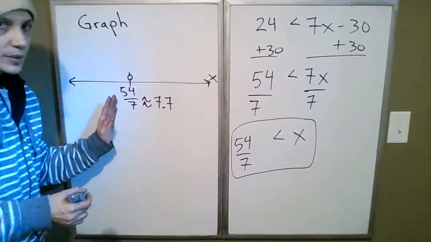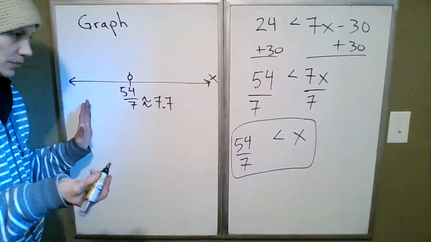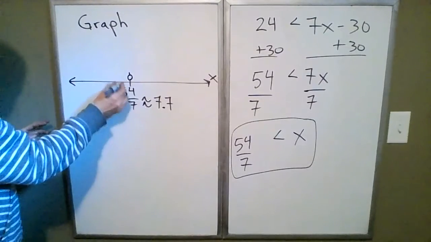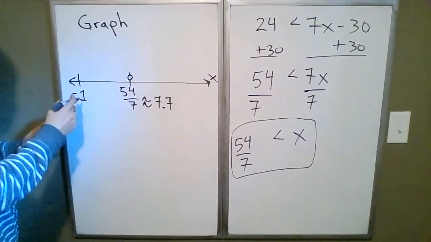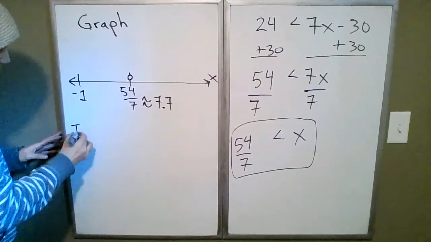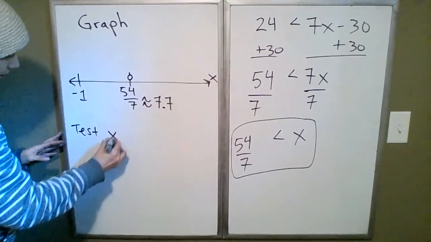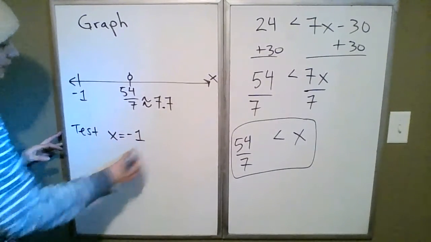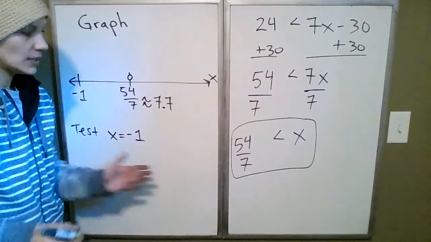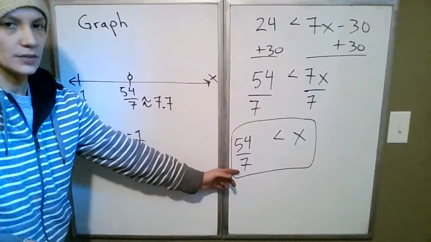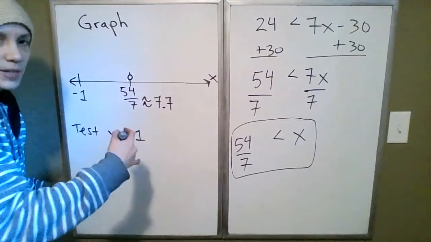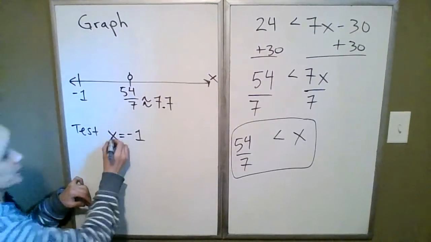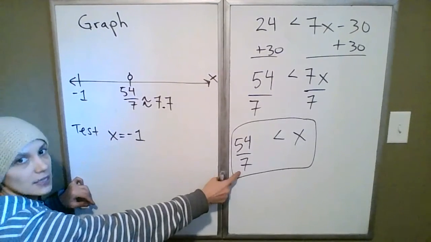And I'll test a point somewhere past 54 sevenths. So I think an obvious one is some negative number. Let's try -1. And I feel like we've solved this correctly, so I'm going to use this version of the inequality. I could go back to the beginning and test the point, but we can also test it here.